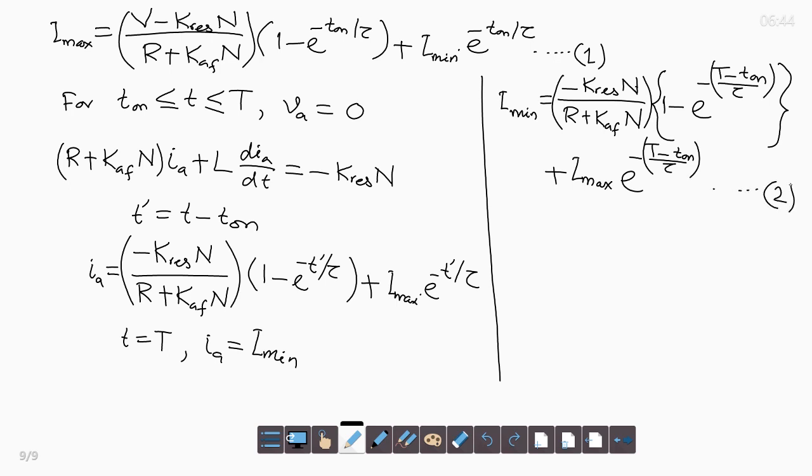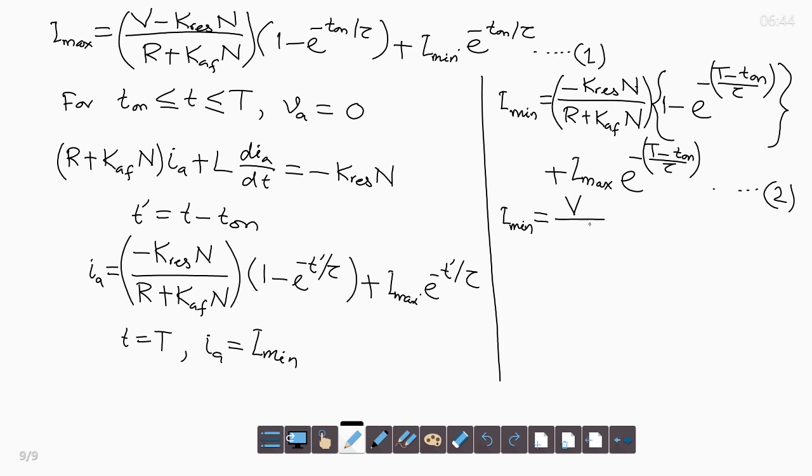So, now equation 1 and equation 2 are two equations involving two unknowns, I minimum and I maximum. You can solve equations 1 and 2 simultaneously to get the expressions for the minimum current I minimum and the maximum current I max, as other things are constant. I am giving you the result; it is a task for you to solve for I minimum and I maximum using these two equations.